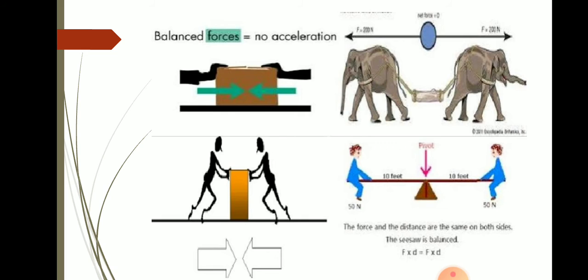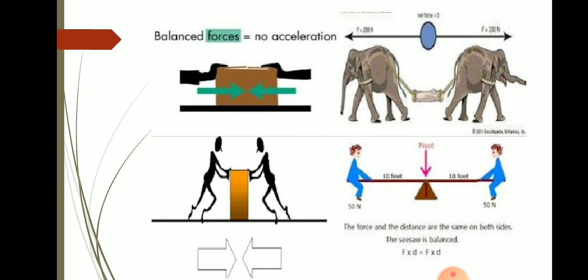If the force is balanced and the object is moving in uniform motion, the velocity remains unchanged. If there is no change in velocity, there is no acceleration. If the body is at rest, it remains at rest. So when balanced force is applied, there is no acceleration.